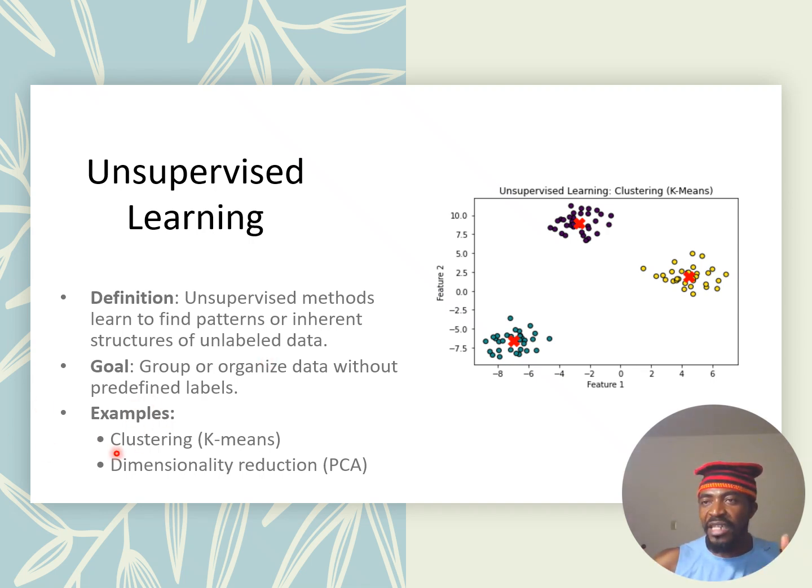Examples of unsupervised learning will start with clustering, and a good example of clustering is the K-means algorithm. We are going to see this as we move on. And then another example type is dimensionality reduction. And a good example of dimensionality reduction is principal component analysis. We will see this especially when we have a very large data set. Most of these machine learning algorithms are not good with large data sets.